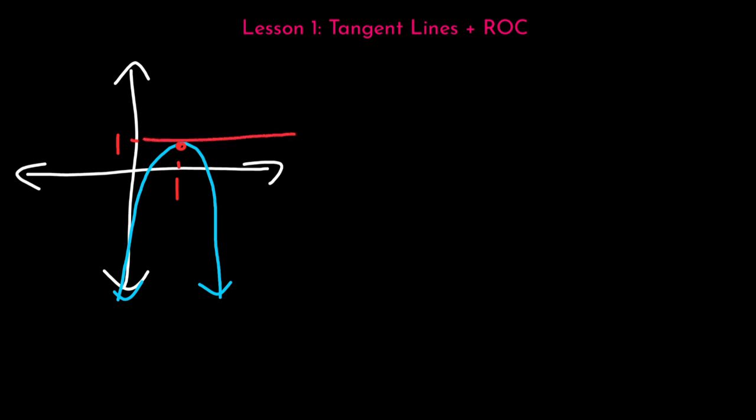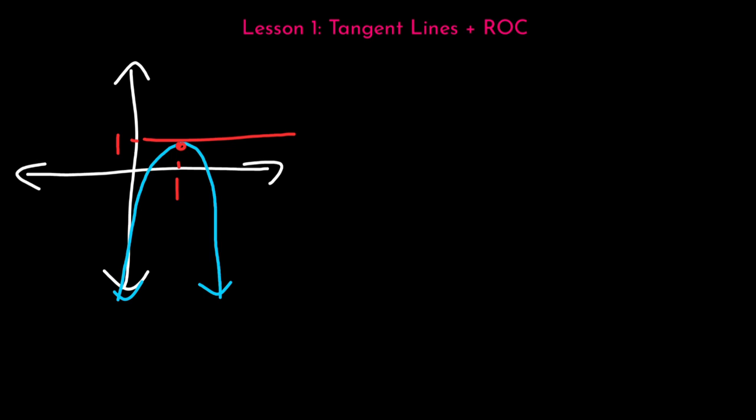We're essentially putting a linear function on top of our quadratic. So what's the slope at this very tip, the vertex of this quadratic? It's 0. So the slope of the tangent line is 0.